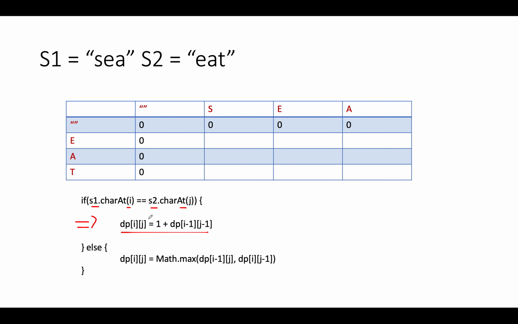In that case, dp of i, j, which signifies the LCS of i, j, is equal to 1 plus LCS of i minus 1, j minus 1. Otherwise, for the inequality case, we'll go for LCS of i, j equals Math.max of LCS of i minus 1, j and LCS of i, j minus 1. I hope this equation is clear to you, and we'll be using it to build our dynamic programming table.